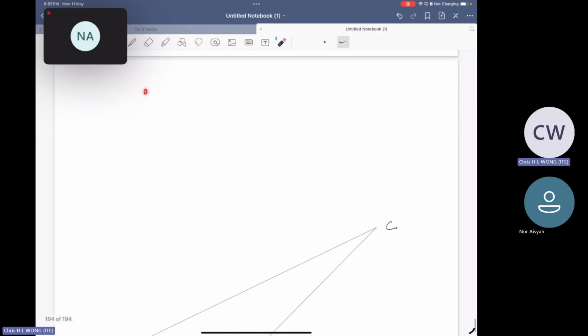I show you again. 70 equals to B times 12. How do you solve this? You already learned, right? Cross multiply, isn't it? You want to solve B, bring 12 across. How do you bring 12 across? Cross multiply. There are many ways of doing it.